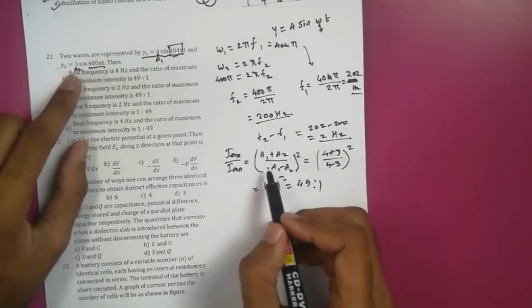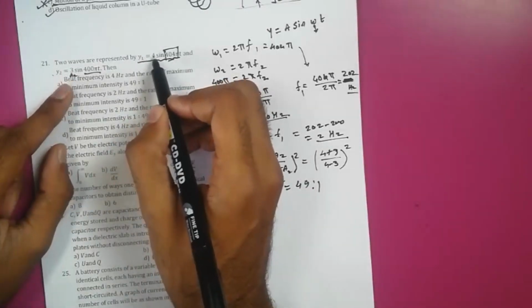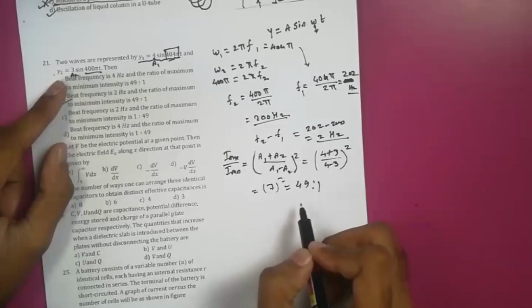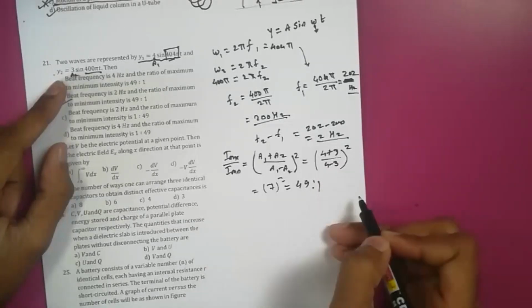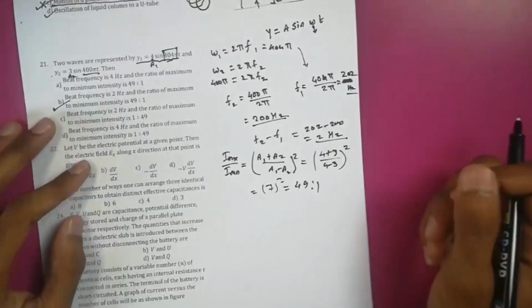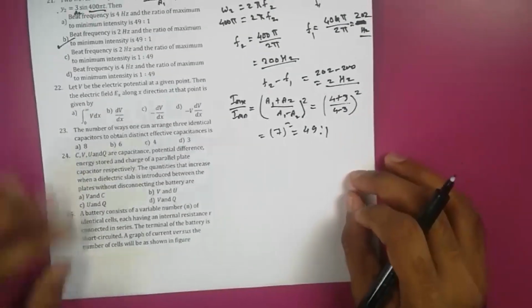The amplitude of the first wave is 4, and this one is 3. So 4 plus 3 upon 4 minus 3, which gives you 49:1. So the correct option comes out to be 49:1. Option B is correct. Okay, let's move on to the next one.